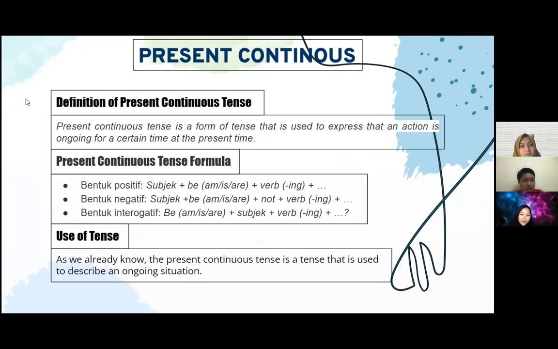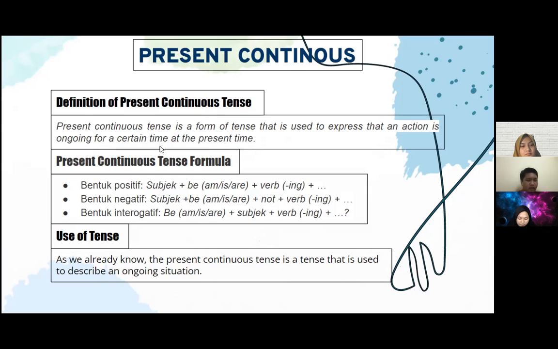The second, negative form is subject plus be plus not plus verb-ing. The third, interrogative form is be plus subject plus verb-ing.